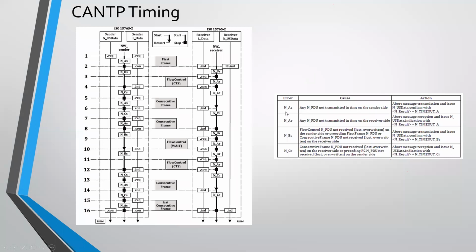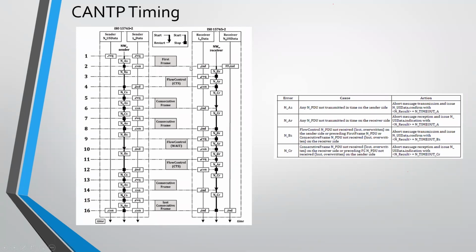We have errors for four types: NAS, NAR, NBS, NCR. But we do not have errors for NBR or NCS. The reason is that the NBR time is the coder's responsibility, to send the data within this NBR time, so there will be no error for this timing parameter.